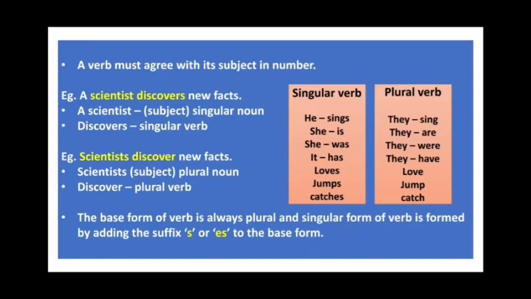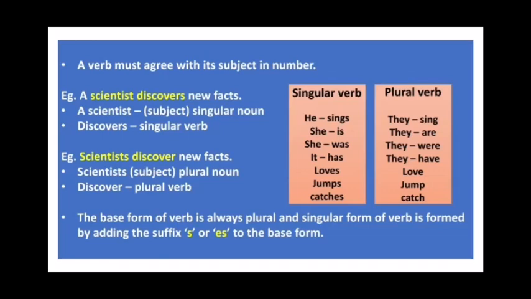So you can see in the table here, a singular verb and plural verb. Under singular verb, we have certain words like he sings. In the plural verb, we have they sing. Next is she is, they are. She was, they were.